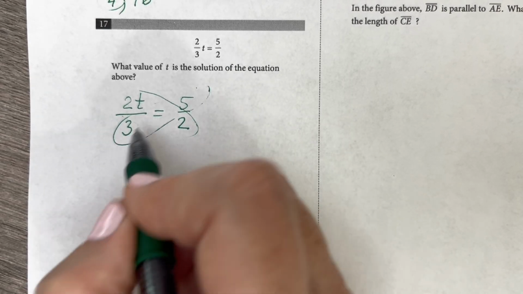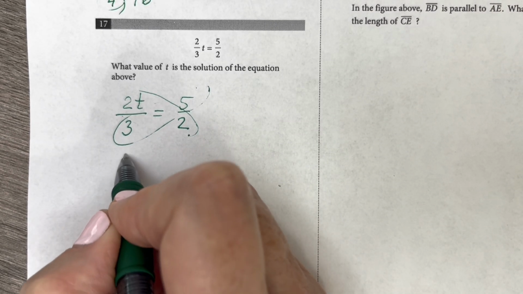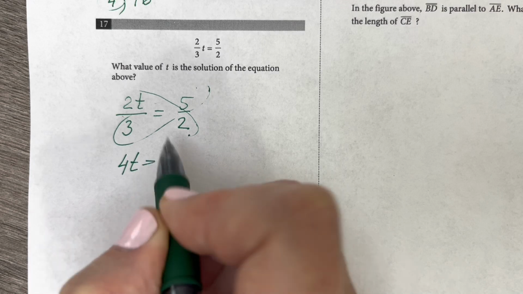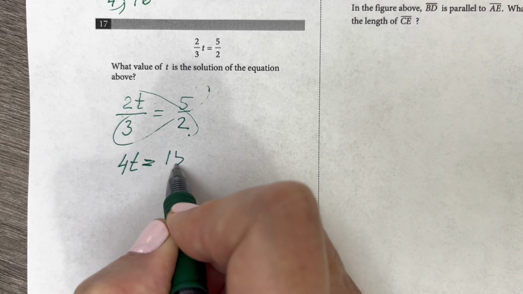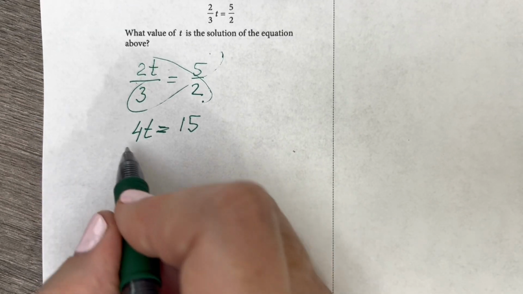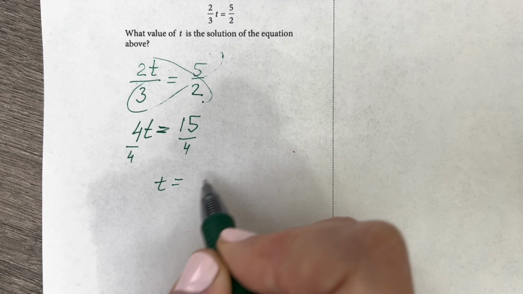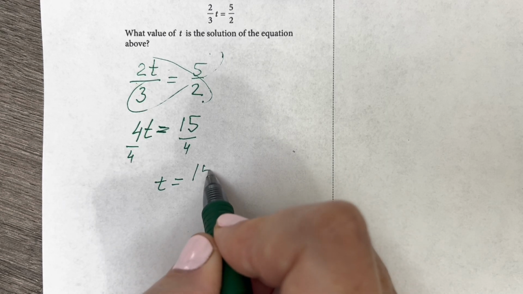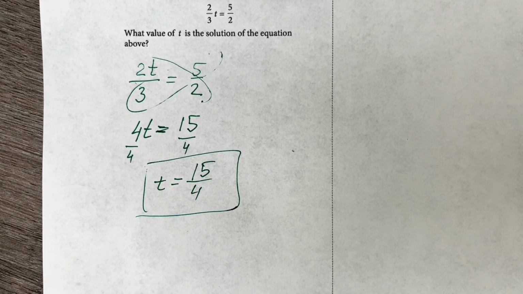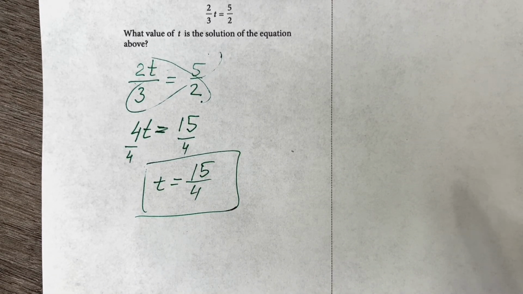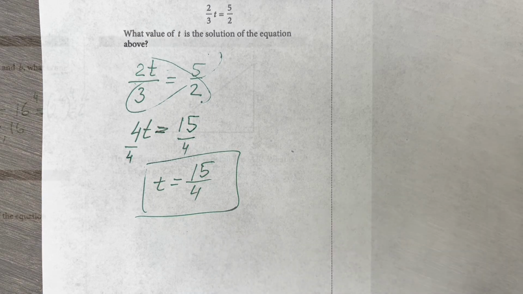So we have 2t times 2 is 4t equals 3 times 5, 15. To solve for t, divide by 4, and t equals 15 over 4. That would be a good answer. You can leave it as a fraction. Since it's no calculator, I would not sweat about doing decimals.